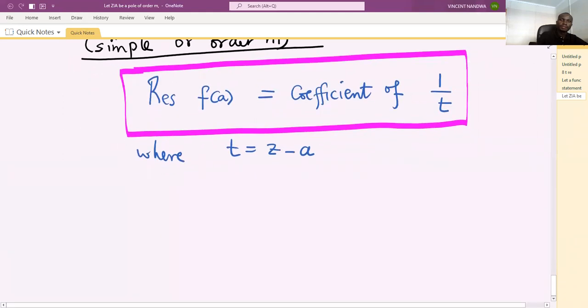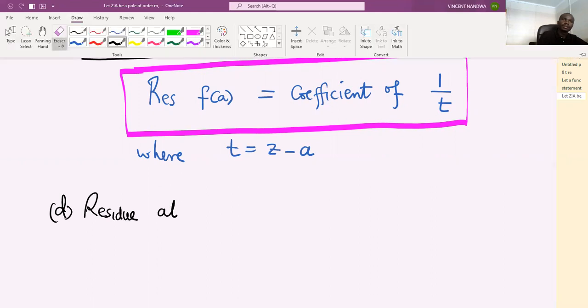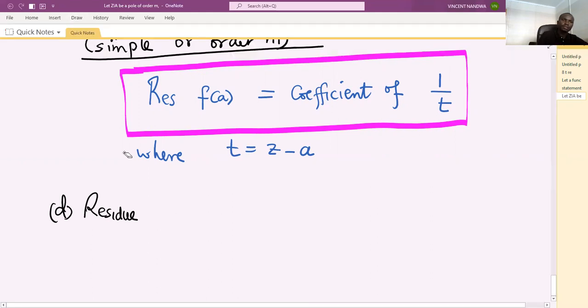And then D, residue at z equals infinity.